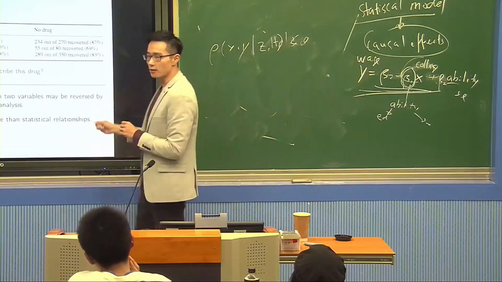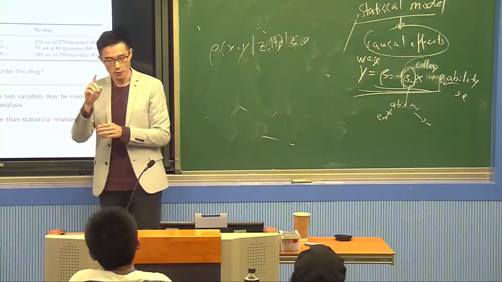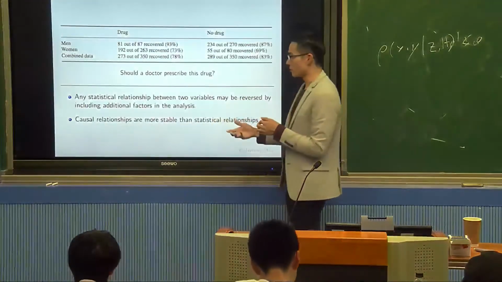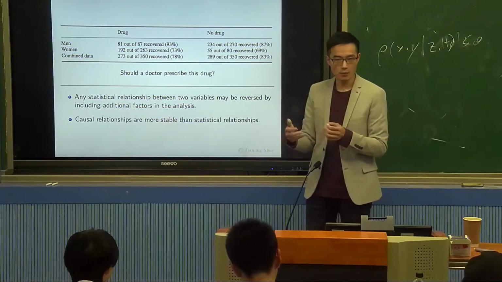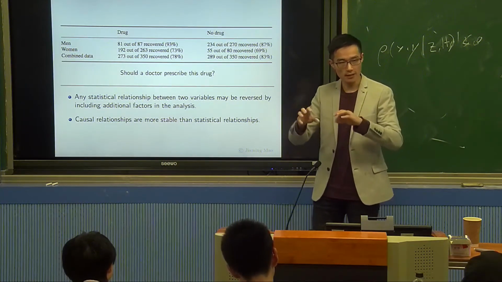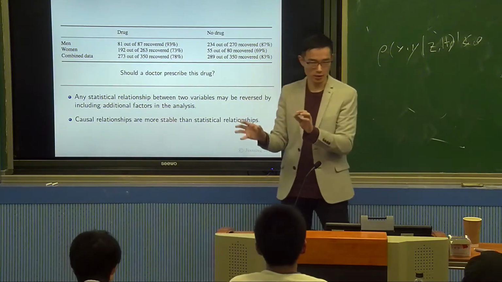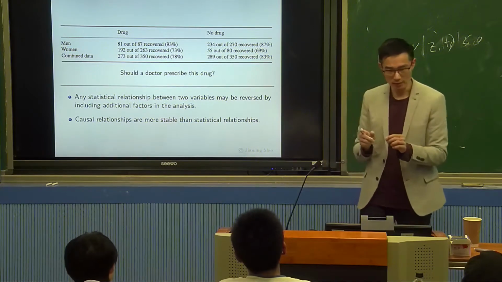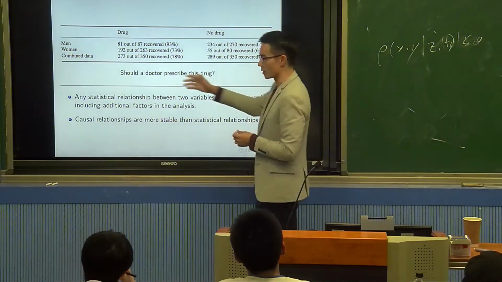The point I'm making is that Simpson's paradox tells us one thing: any statistical relationship between two variables is highly unstable. The population can easily change. The distribution can easily change. So statistical relationship is unstable. What is stable is causal relation.